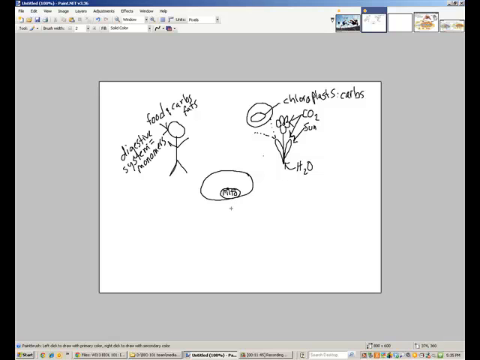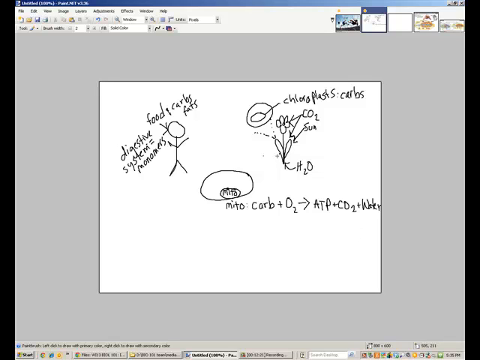mitochondria. Okay, so the mitochondria allows cells to take a carbohydrate plus oxygen and produce ATP, and in the process also produce CO2 and water.